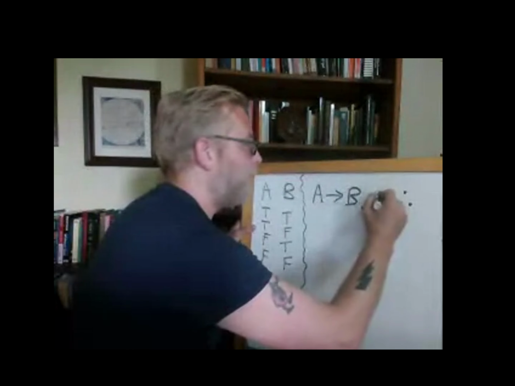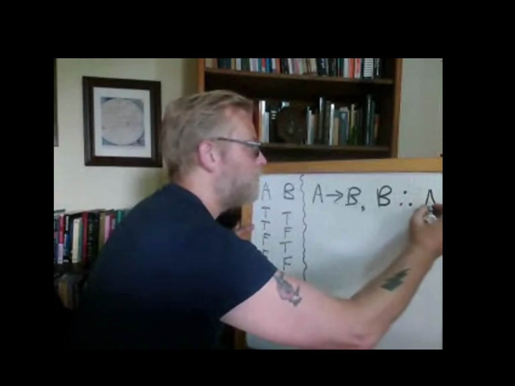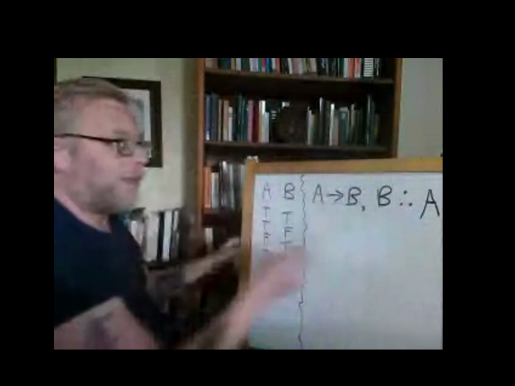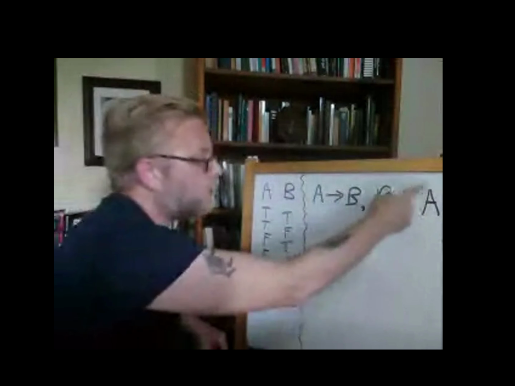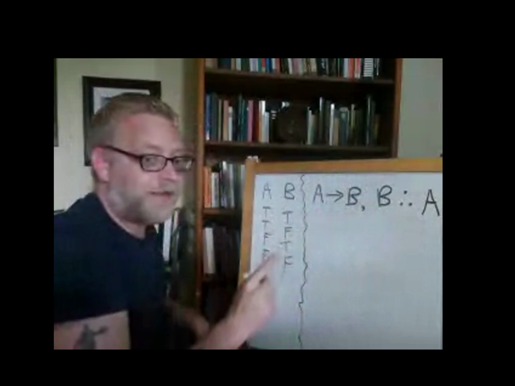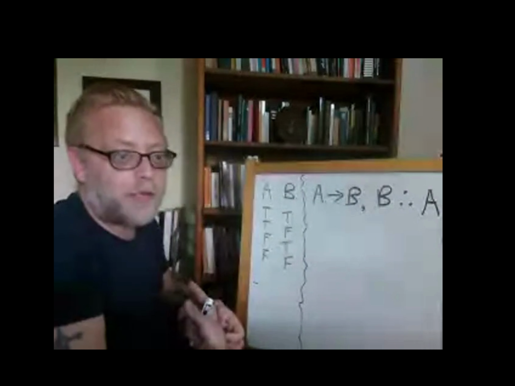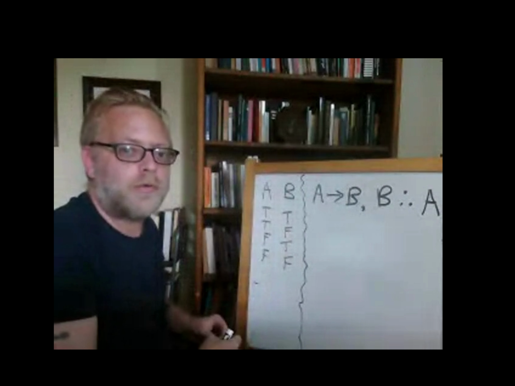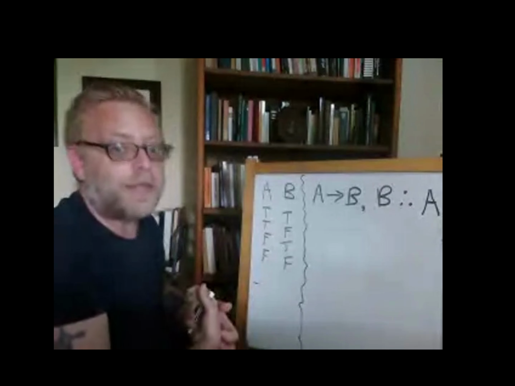Now, hopefully you remember that affirming the consequent is not valid, right? So you should be able to predict from the fact that you already know that this argument form is invalid, it's not valid, that this will allow for the possibility of true premises and a false conclusion. Okay? So here we should expect to find a gremlin, right?